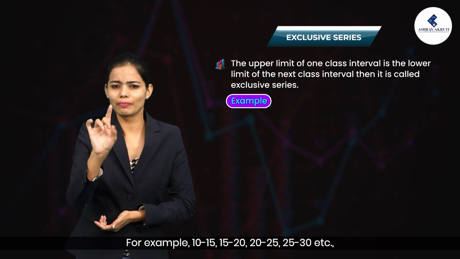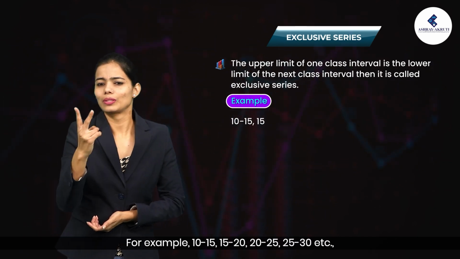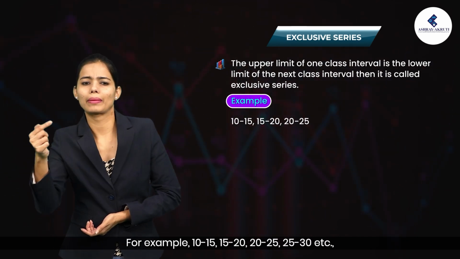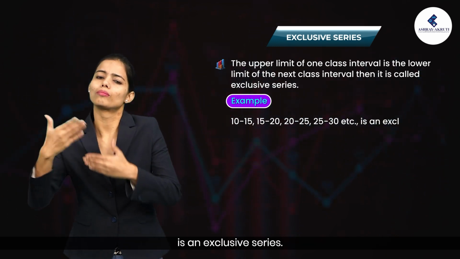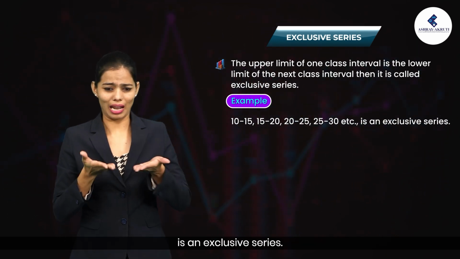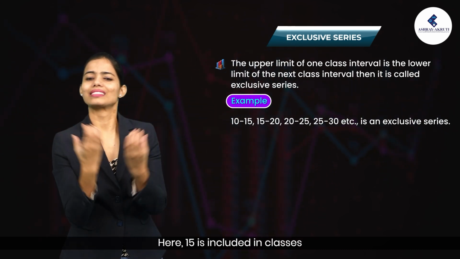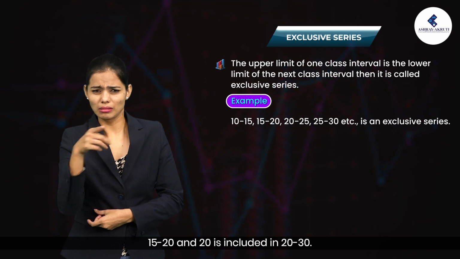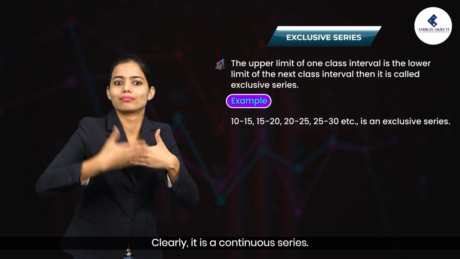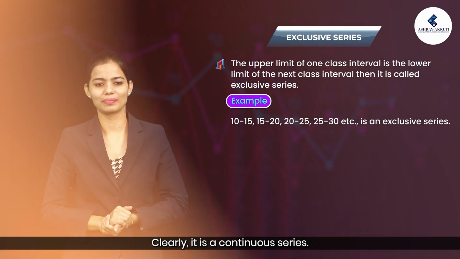For example, 10 to 15, 15 to 20, 20 to 25, 25 to 30, etc. is an exclusive series. Here, 15 is included in the class 15 to 20 and 20 is included in 20 to 25. Clearly, it is a continuous series.